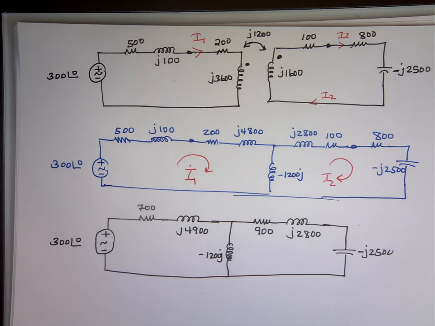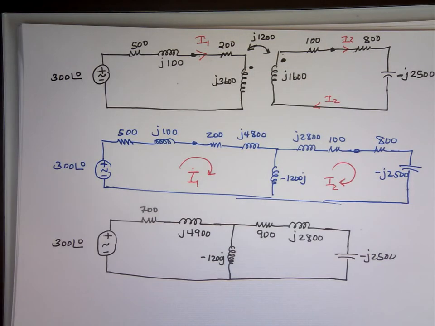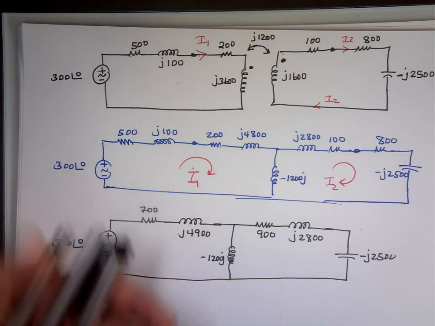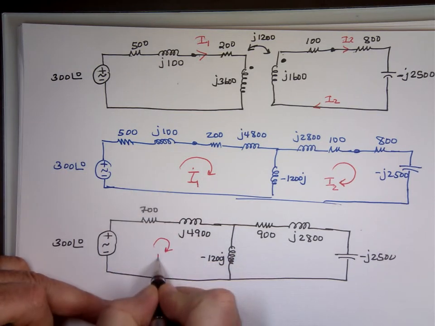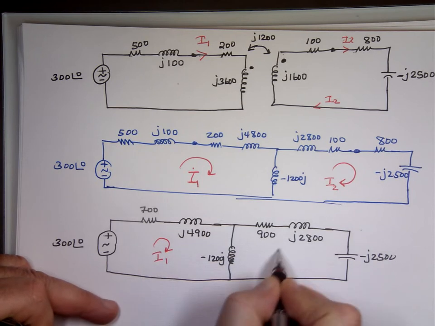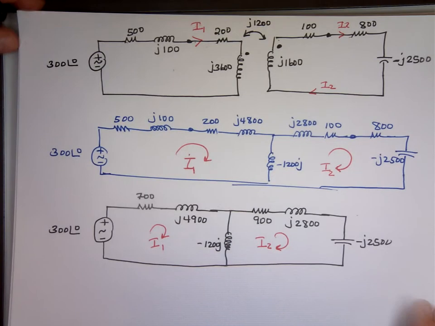And probably be a smart move too. Instead of leaving two of them, why two? Just make it J300. Can I find I sub 1, I sub 2 now easier? We'll see if that gives me the same answer.